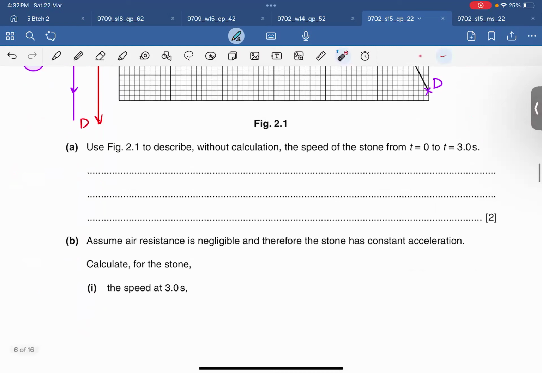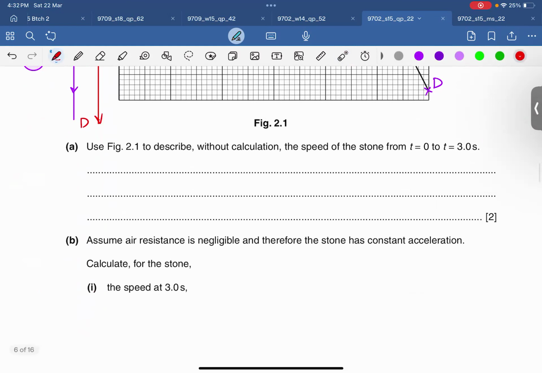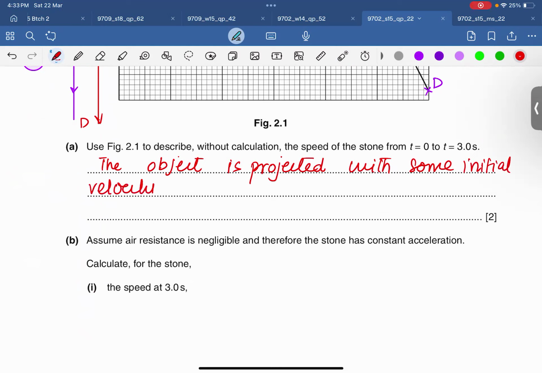सही हो गया. 2 नंबर है, ज़्यादा लिखना भी नहीं है, राइट? सो हम कह सकते हैं कि भाई the object is projected with some initial velocity, which decreases to zero.